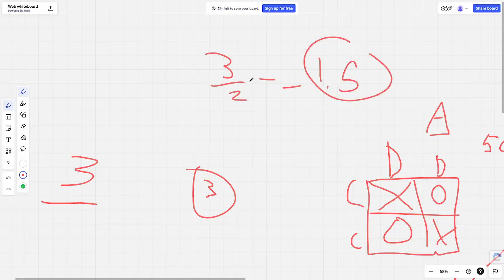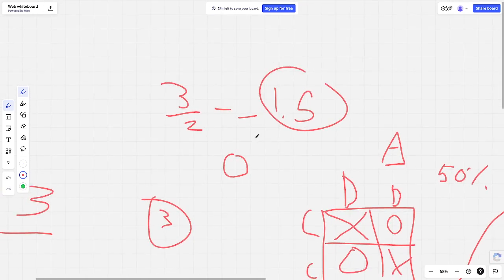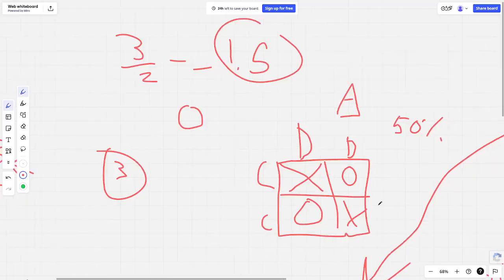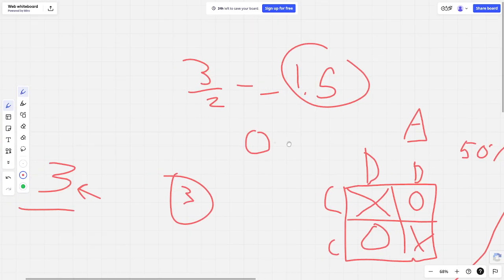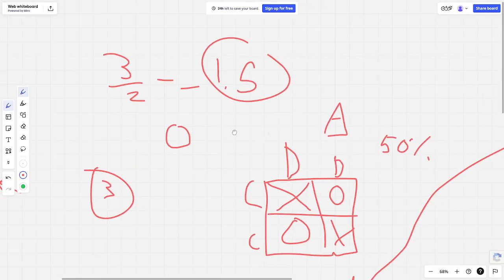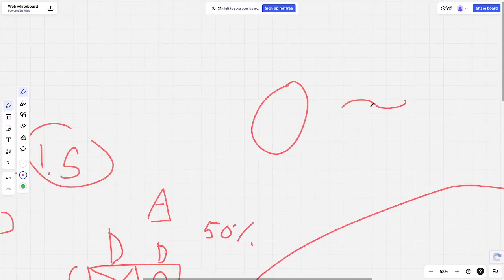That's the radius. So now, let me draw an actual decent circle so you guys can actually see my circle. Okay. So, we have the definition of a circle here. And we know that it's a 50-50% chance. So you might wonder, like, oh my god, wait. A circle? Like the circle thing? That's like pi.